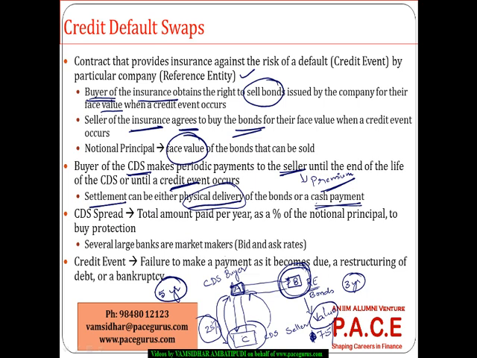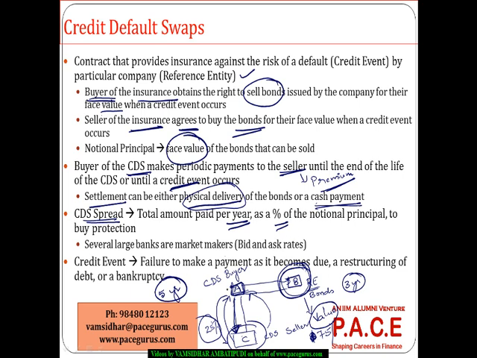When we use the word CDS spread, it is nothing but the premium. On a regular basis, how much amount is paid per year as a percentage of the notional principal to buy the protection.